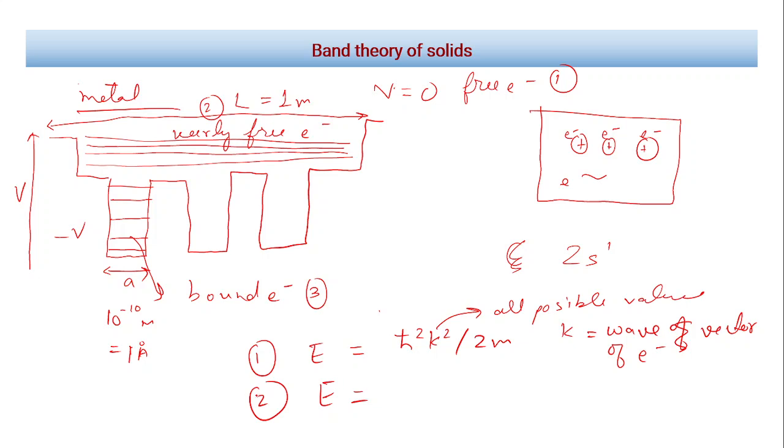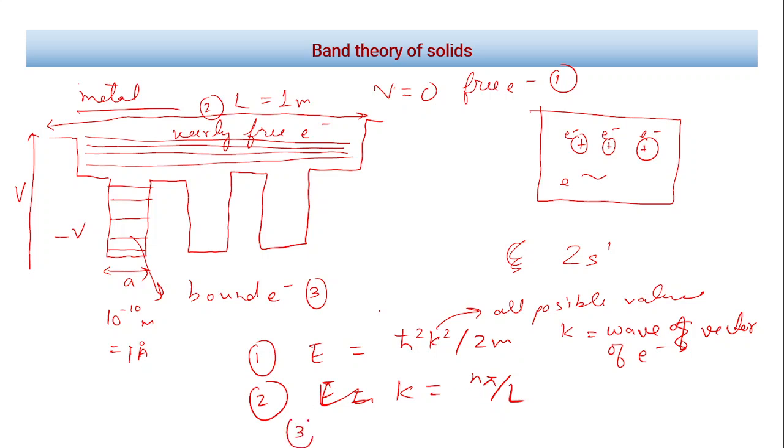Whereas for nearly free electrons, the formula will be this, but now the k value can only be n pi by L, where n is an integer, a positive whole number.